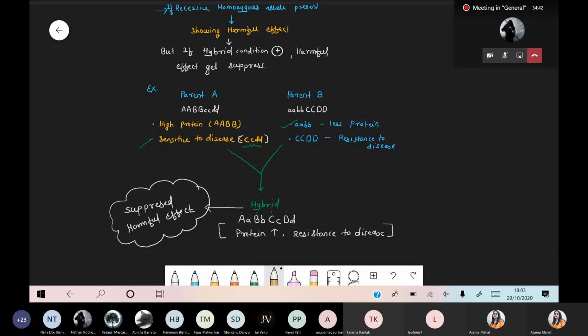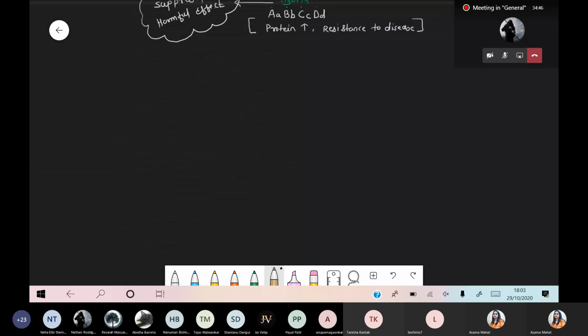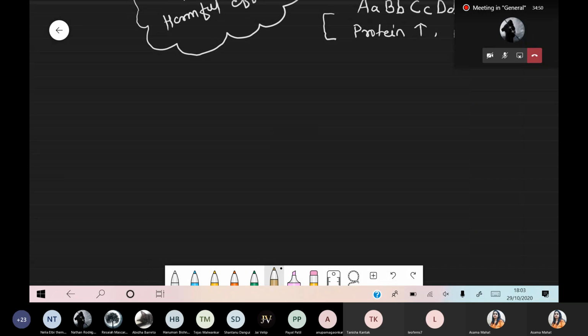So next point we are talking about inbreeding depression. Write down the title. These are small concepts. First of all, we cover that point. So simply we are talking about inbreeding depression.